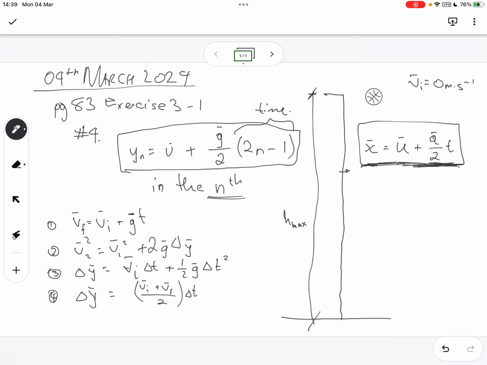Mechanics, page 96. Motion in one dimension.